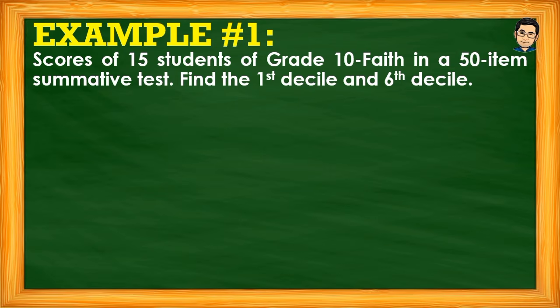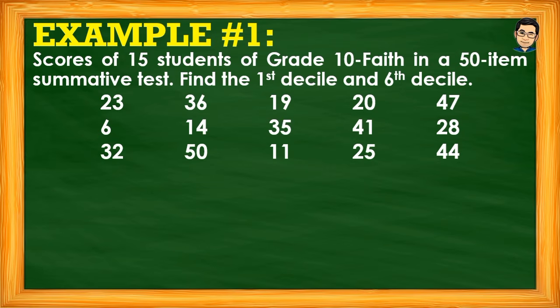Find the first decile and the sixth decile. As you noticed earlier, there are nine decile values, but we do not need to show all of them. We will take at least 2, because the process is the same. They only differ in the value of k, since the positions we take are different. Here, we will use k equal to 1 and 6. These are the scores. You can see, there are 15 students.